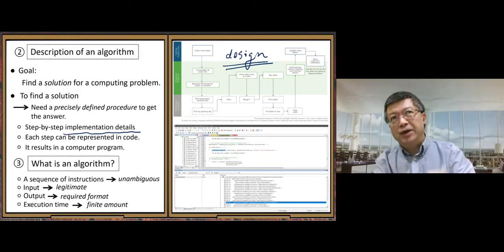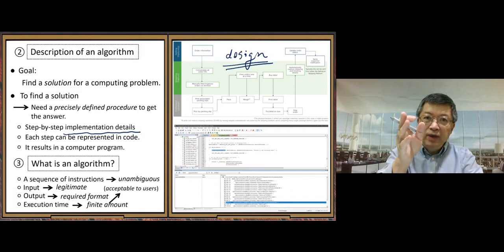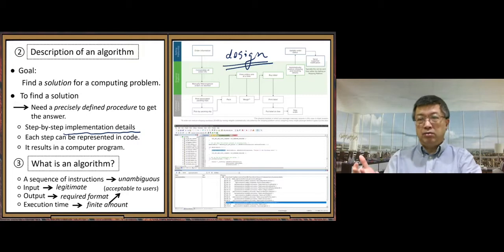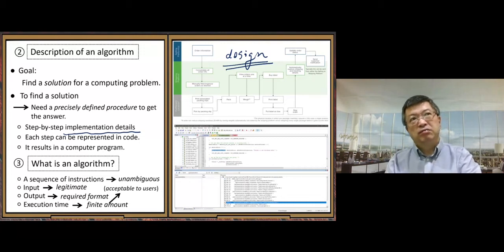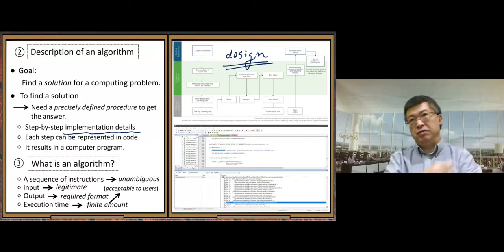But that's still not good enough. The response time should be acceptable to your users, your customers. If it is too slow, so your customers do not like this kind of performance, then we cannot deliver a good solution, right?